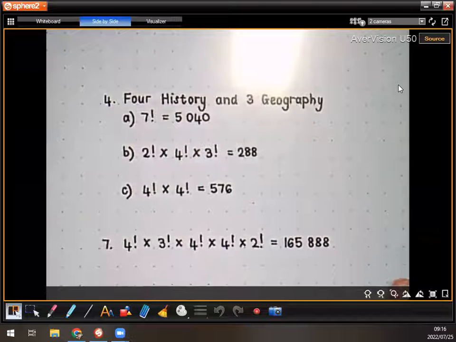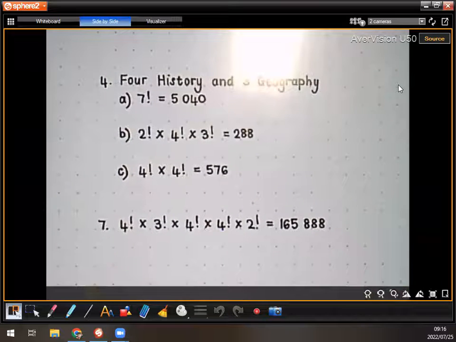Right? And then the last one, number 7, was about the people of the same nationalities living together. I can't remember now what the nationalities were, but there were 4 different nationalities, right? If you look at them. So that is what my first 4 factorial is about. It's the 4 groups of people from the same country.